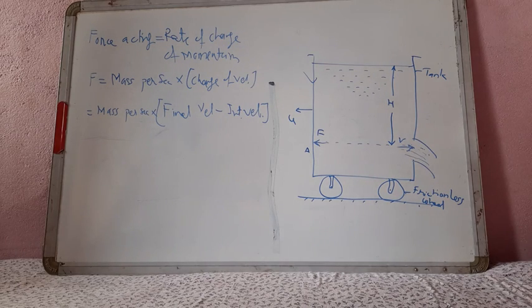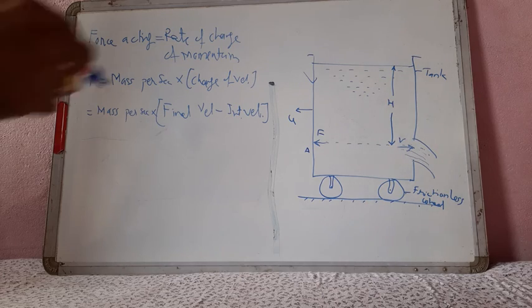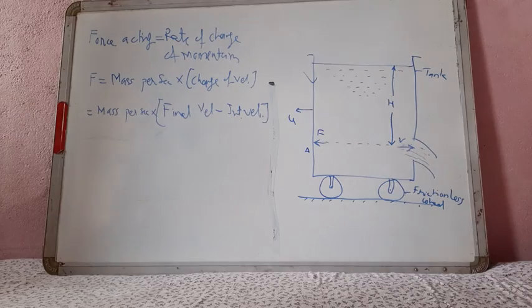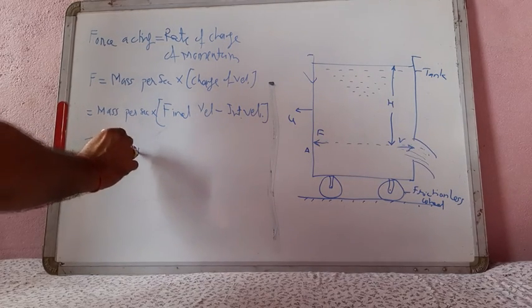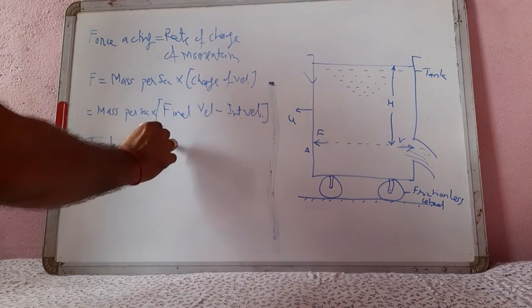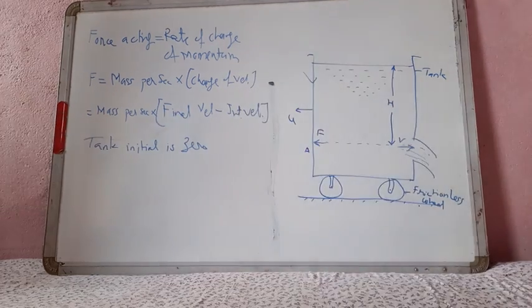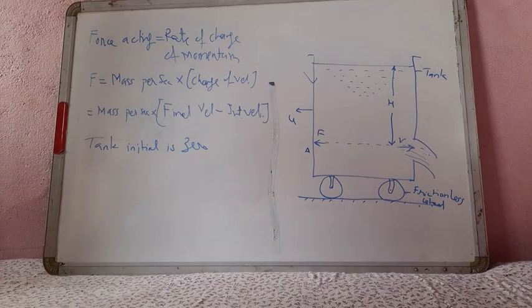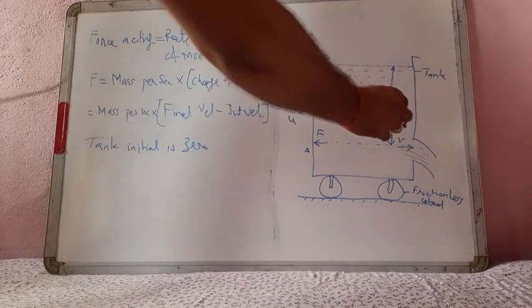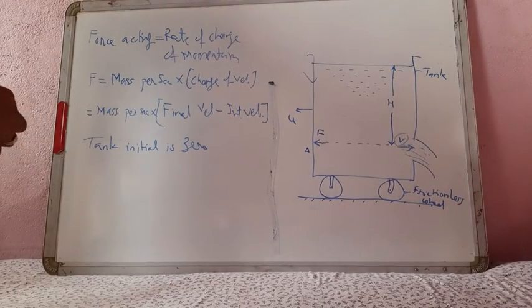The initial velocity of the tank is 0 at the starting, when we open the orifice. The water, when it comes out from the jet, has final velocity v.